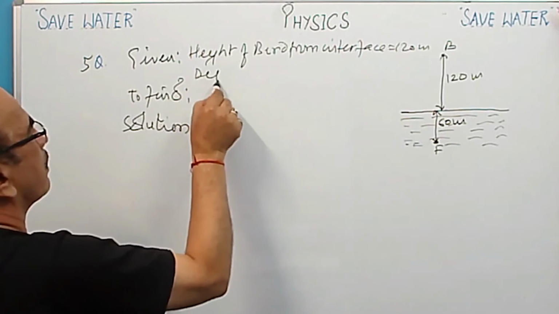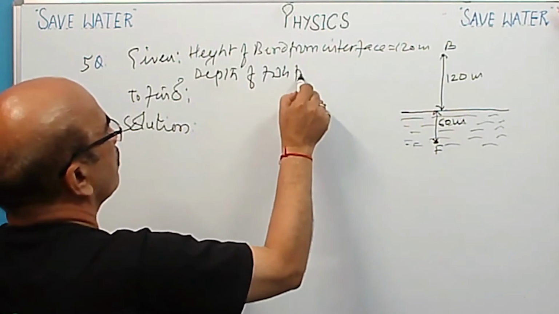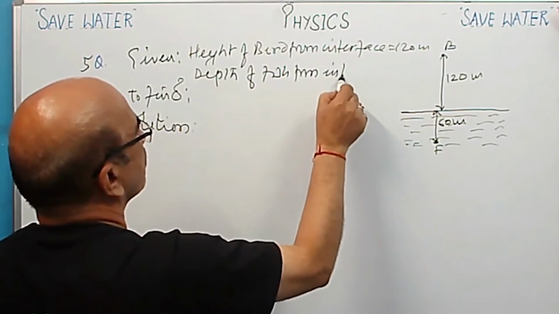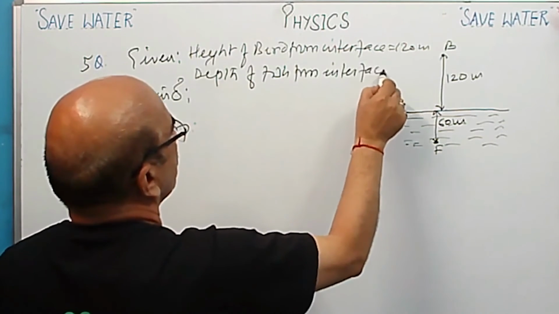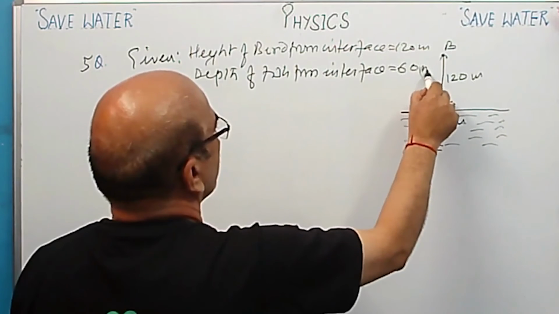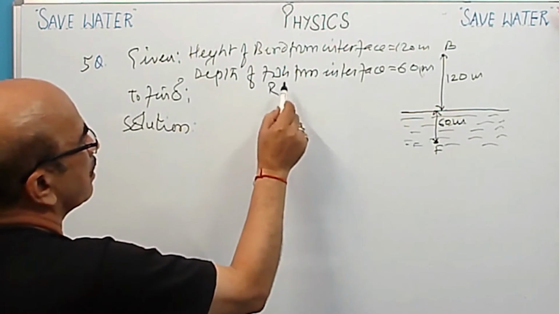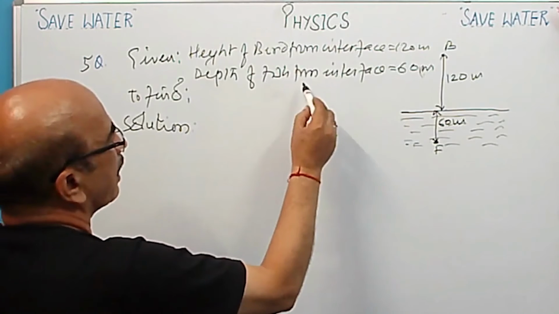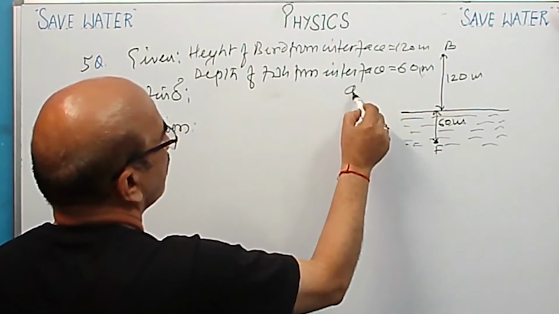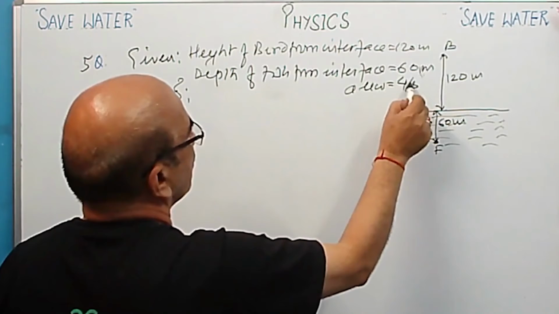Depth of fish from interface is 60 meter. And the refractive index of water is given as 4/3.